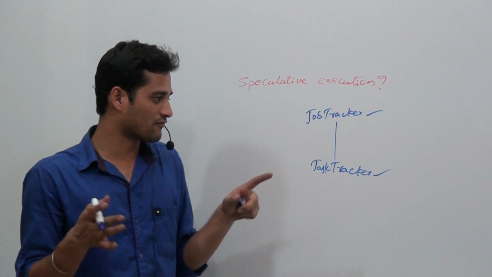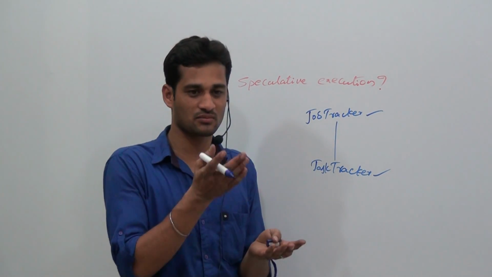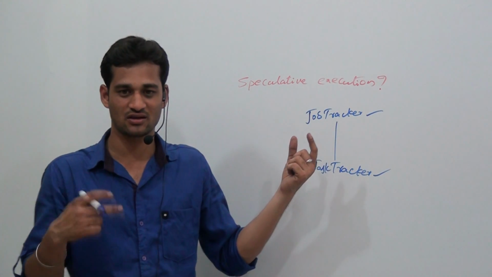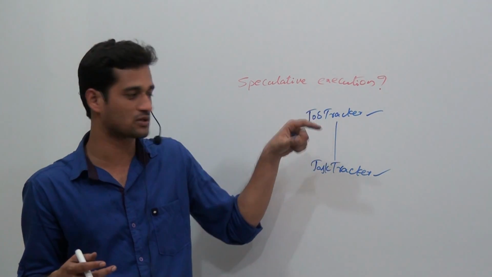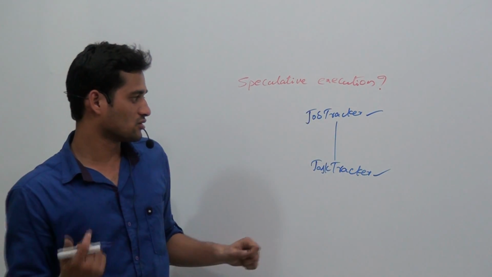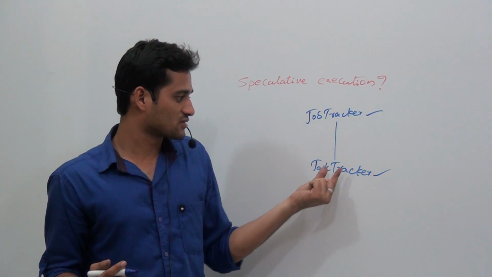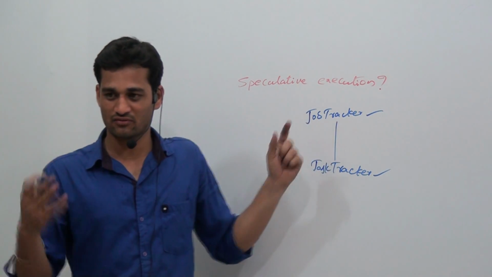Every task tracker passes a heartbeat to the job tracker, just as every data node passes a heartbeat to the name node. The task tracker sends a heartbeat to the job tracker every 3 seconds.